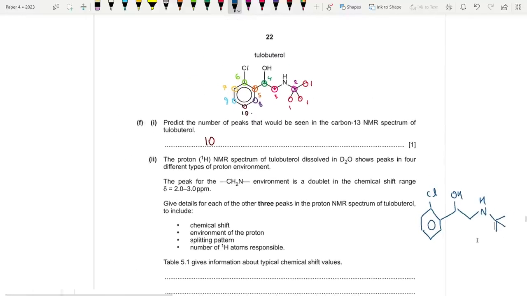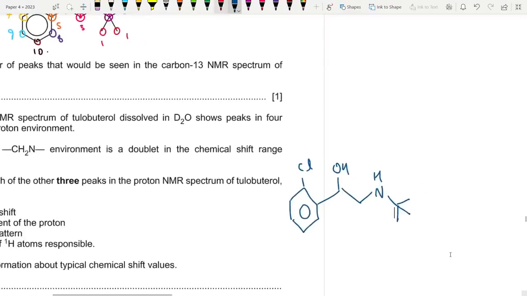Let's do this. Come on. So proton environments, step by step. These CH3 groups are environment number 1. Now this carbon over here has no hydrogen, so no environment. This one is environment number 2.